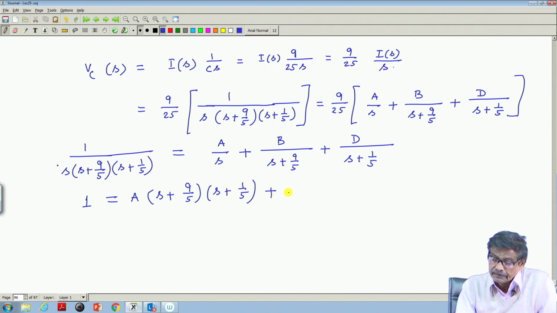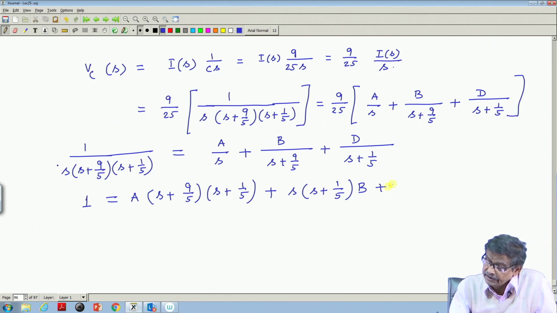Second will be S into S plus 1 by 5, since S plus 9 by 5 goes, into B, plus D into S into S plus 9 by 5. S plus 1 by 5 will not be there, these two only will be there.